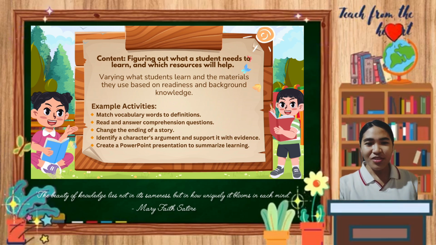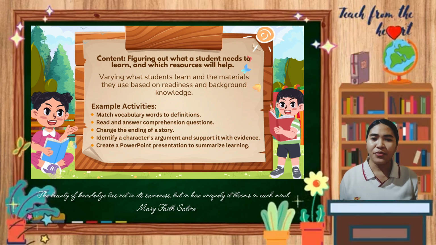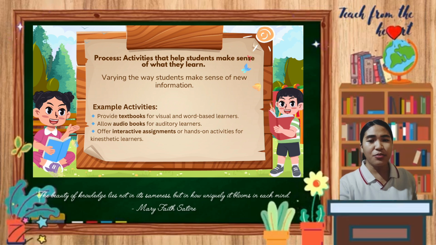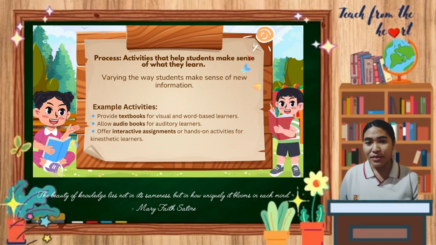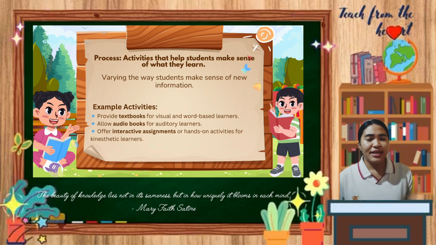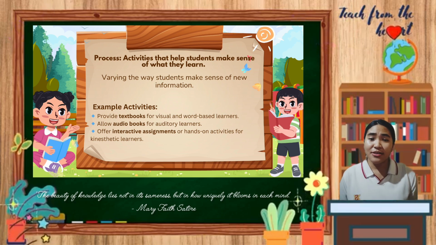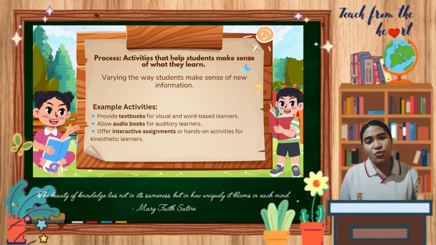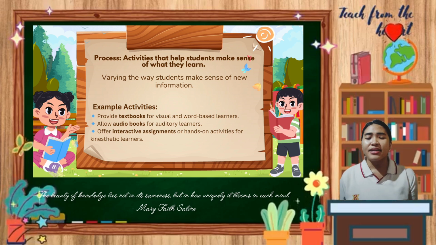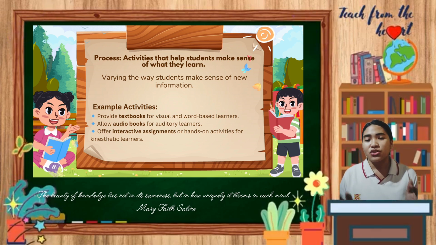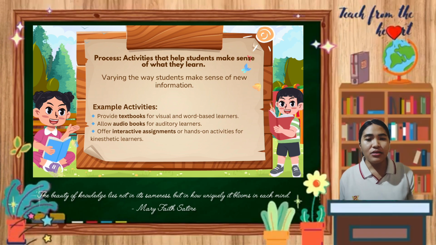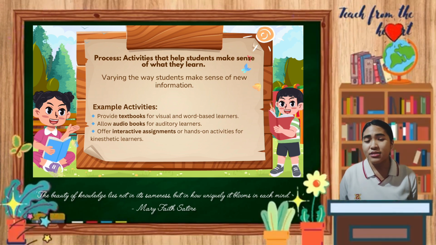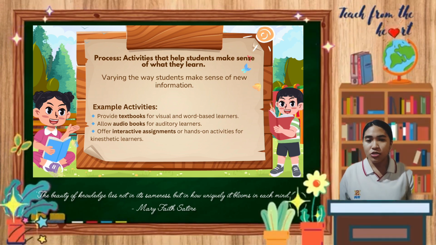So now, for the second area, we have here the process, varying the way students make sense of new information. Different students process information in different ways: visually, auditorily, kinesthetically. Teachers should adjust instruction methods and allow choices on how students engage with the material.